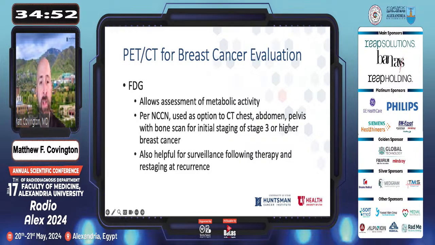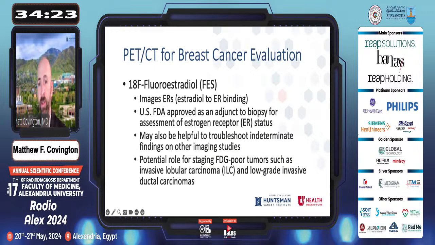Many places follow NCCN guidelines, which currently specify that FDG PET-CT is considered an option for breast cancer staging at stage 3 or higher, as an option alongside CT chest, abdomen, and pelvis with bone scan. It can also be helpful beyond staging for surveillance and evaluation for recurrence.